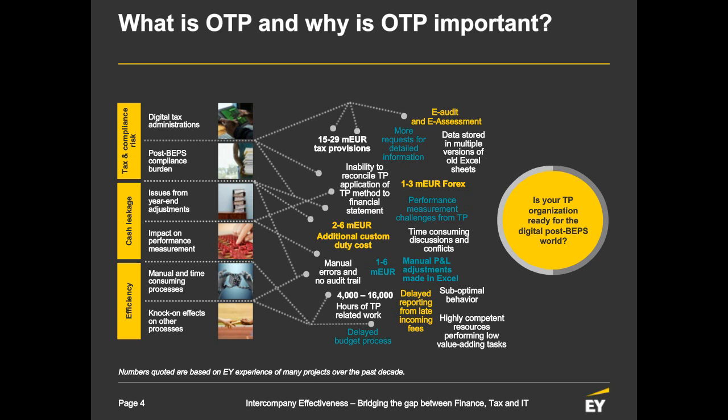The last important aspect of operational transfer pricing is cash leakage. What we've seen here is that there is a discrepancy between the transfer price and the customs valuation. In this case, we tend to see that multinationals relying on a spreadsheet-based approach for calculating their transfer pricing and conducting their retrospective transfer pricing adjustments, that discrepancy leads to either an overpayment or an underpayment in customs duties, risking your compliance position.